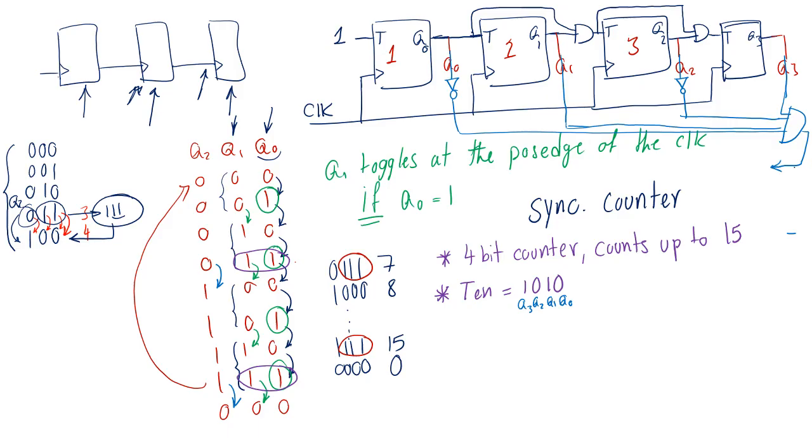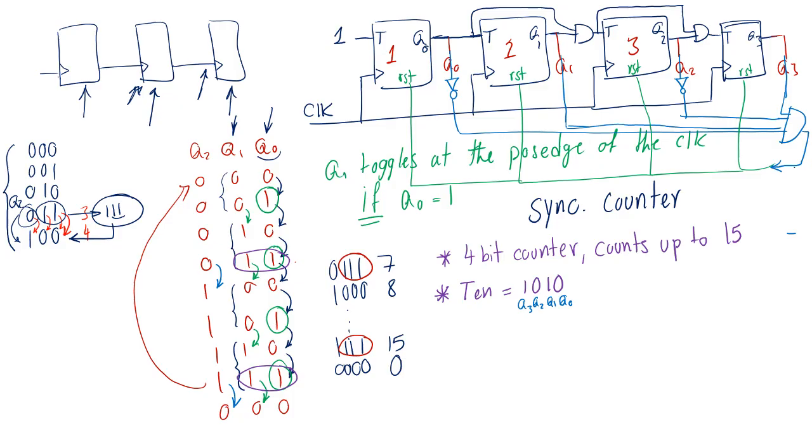If that happens, then I reset this thing. So that is how you make a counter that counts only up to 10, right? And you can choose, this 10 was an arbitrary number. You can choose any other number that you like, okay?